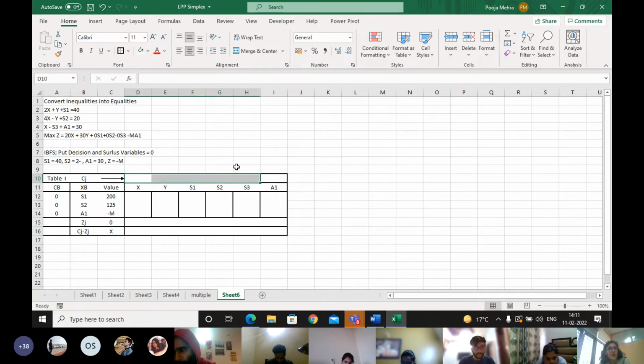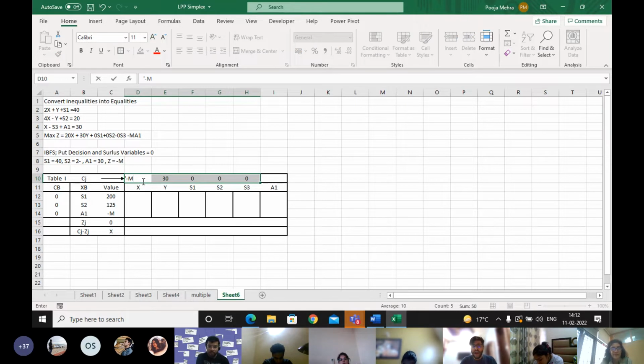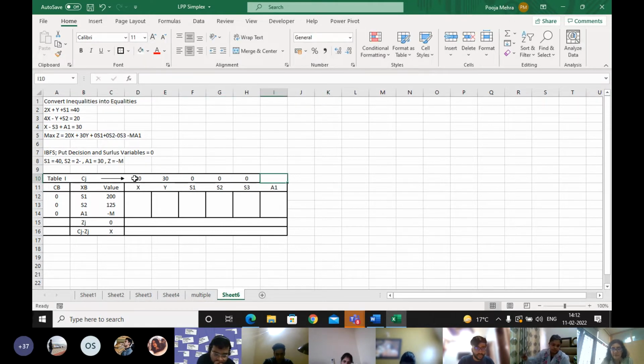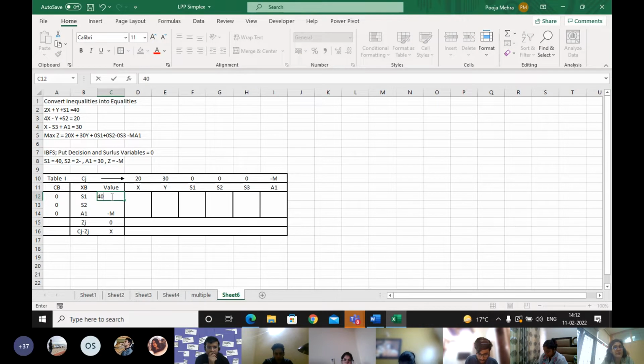All right. So objective function coefficients: for x it is 20, for y it is 30, then 0, 0, 0, and for A1 we have minus M. The values we have are 40, 20, and 30.